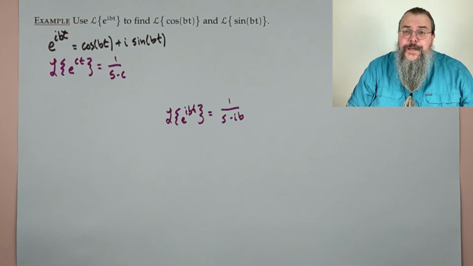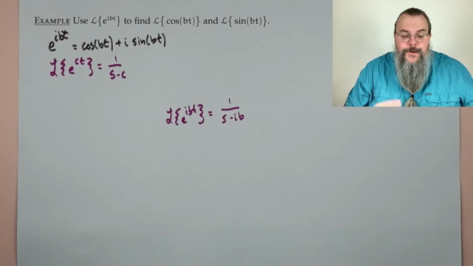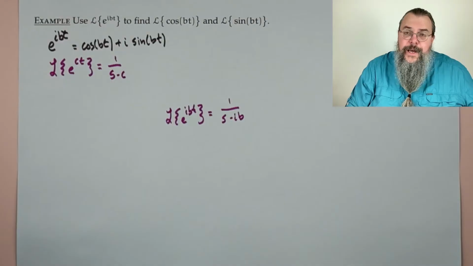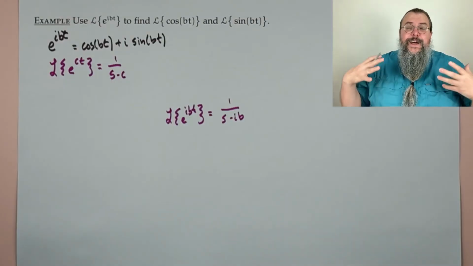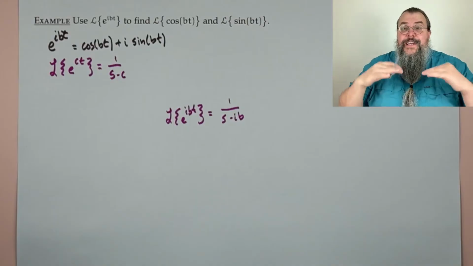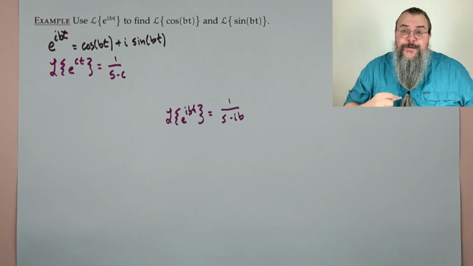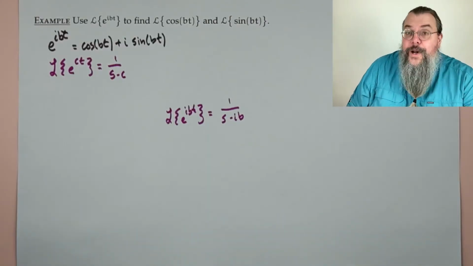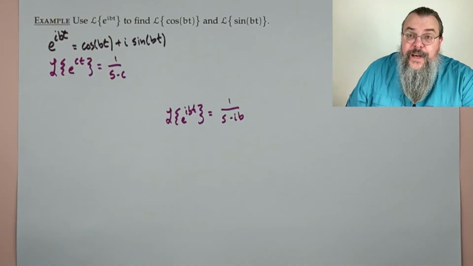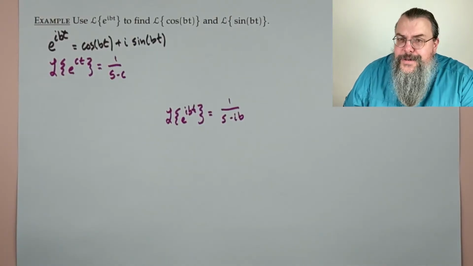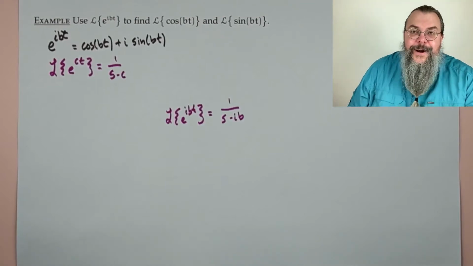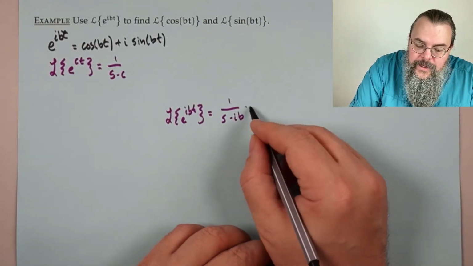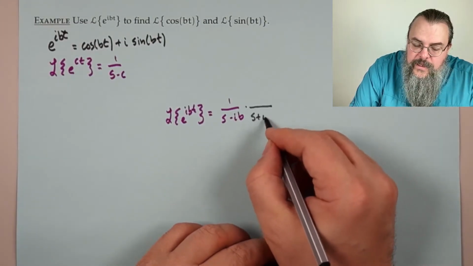All right, well, that's good. Now, at this point, you're probably thinking, how does this give us our answer? Well, let's work on both sides. Let's start with the right-hand side. Right now, we have 1 over s minus ib. I don't like complex numbers in the denominator. It's hard to see what's going on. So we want to sort of clean the denominator up. So what can you do to get rid of a complex number downstairs? Is there some algebra? Well, of course there is, right? Our class feels like an algebra class. And so what is it? Well, it's what we call multiplying by the conjugate.